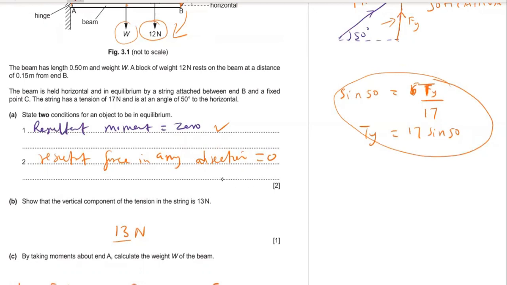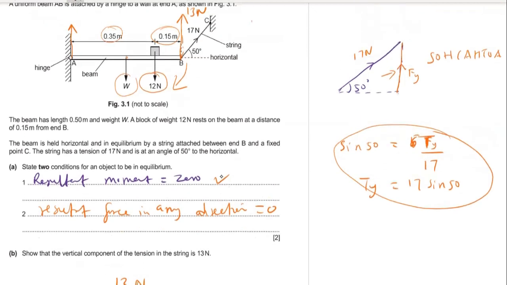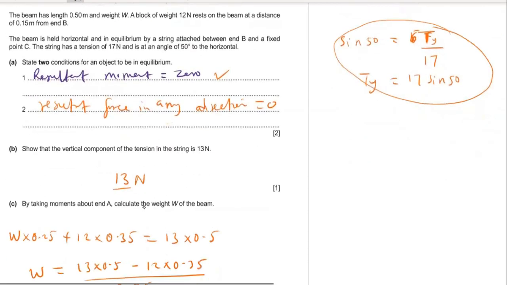To get the force or the support at A, which is acting upward, we now apply the second condition, where the resultant force in any direction must be equal to 0, meaning the upward force for this diagram should be equal to the sum of the downward forces.